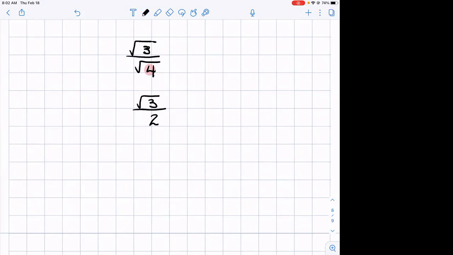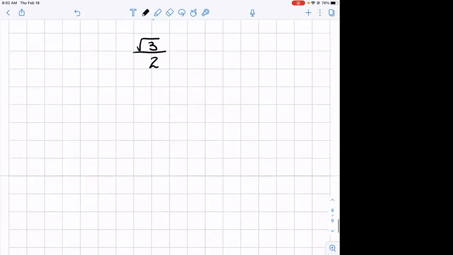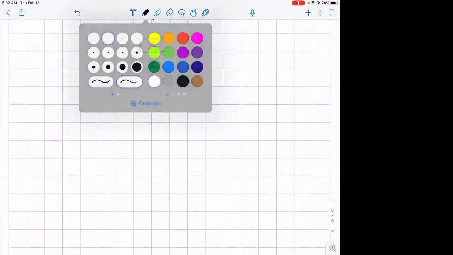So you want to recall the square root of 4 is equal to 2. You can separate them and simplify, and this will work even when you don't know the radicals.